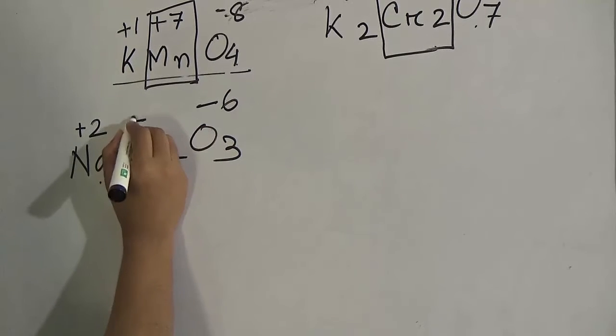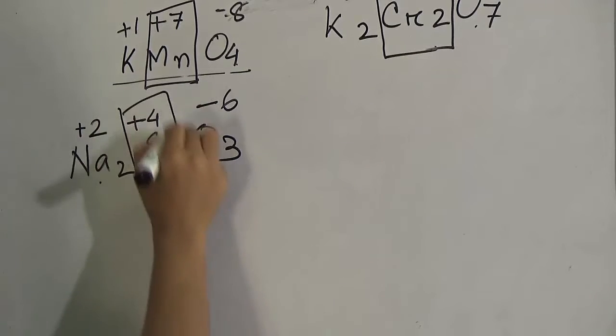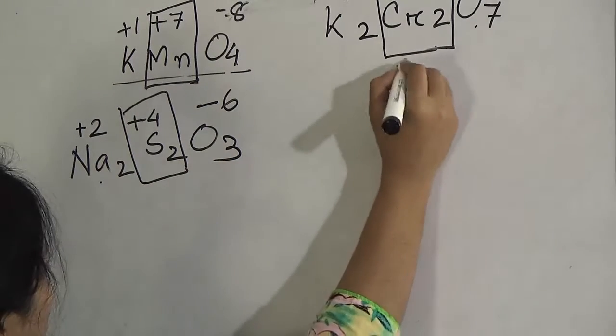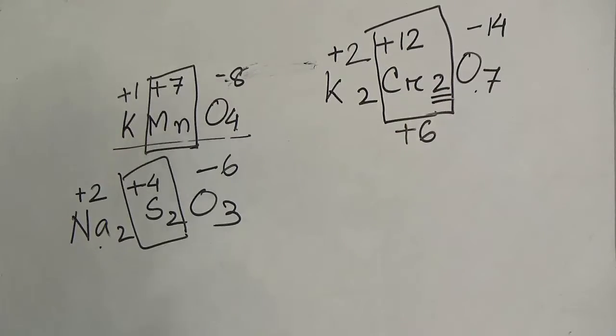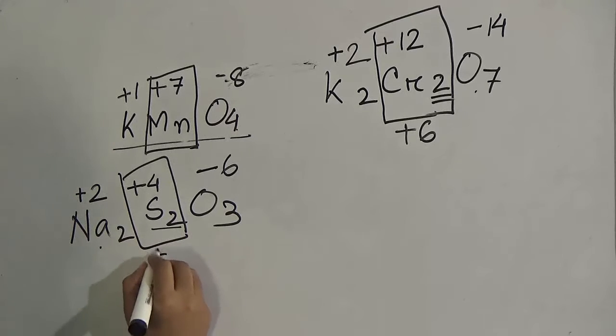So here will be +4, but there are 2 sulfur atoms, so the oxidation number will be +2. Here sulfur's oxidation number is +2.